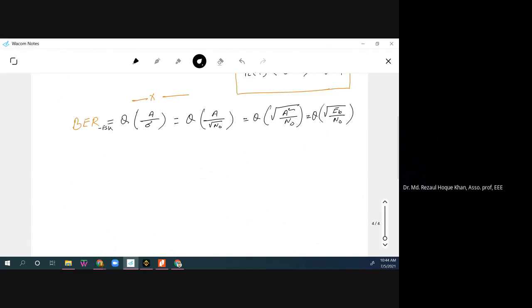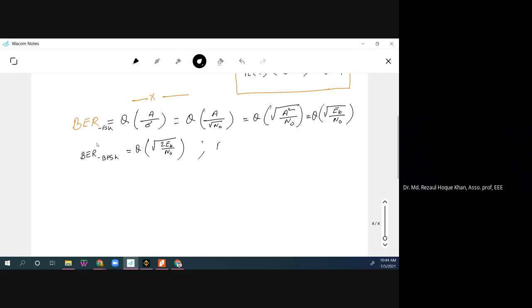Does this bit error rate look similar? Yes, it looks similar. What is the bit error rate for BPSK? For BPSK, it was Q of the square root of twice Eb by N0.